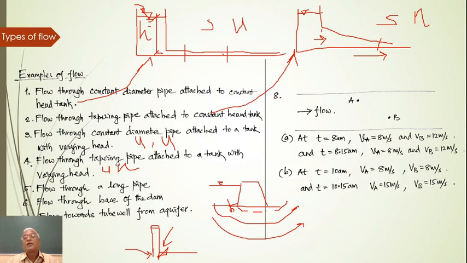Number 8, here there is a flow, there are points A and B. In case A, at time 8 am, velocity at A is 8 meter per second, velocity at B is 12 meter per second. At 8:15 am, that is after 15 minutes, velocity at A is 8 meter per second, and velocity at B is still 12 meter per second.